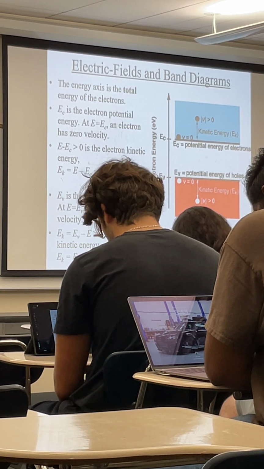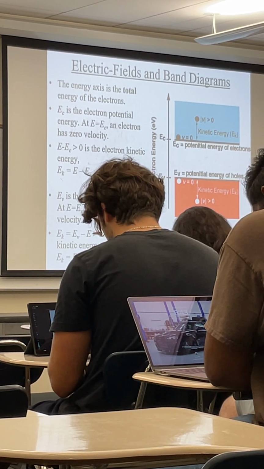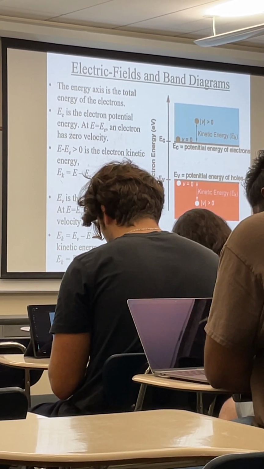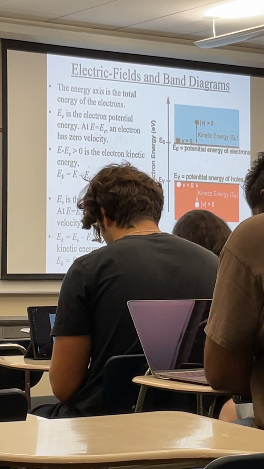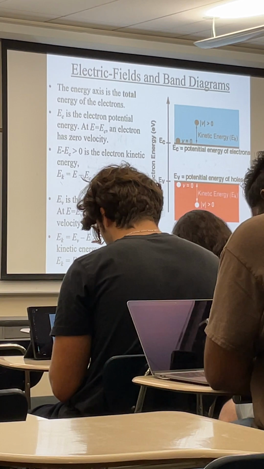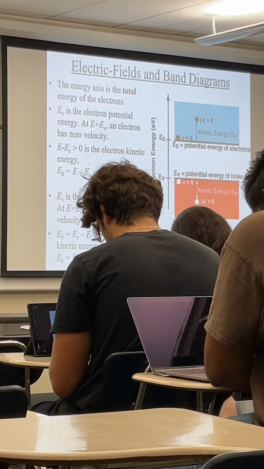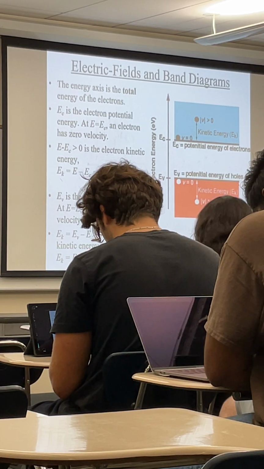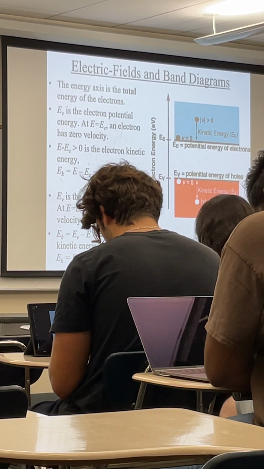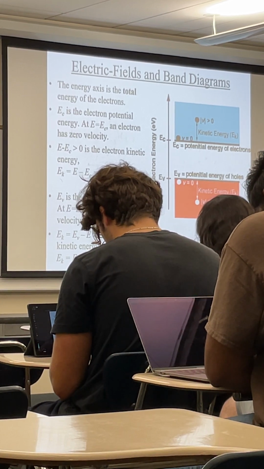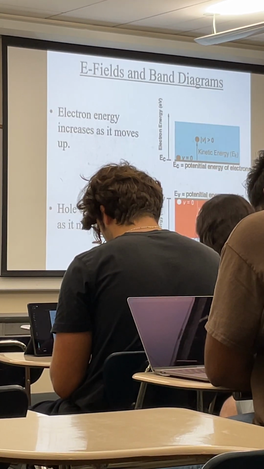Again, the potential energy of the hole is always EV. Basically, we just draw some projection lines, and we can find the kinetic and potential energy for electrons and holes.